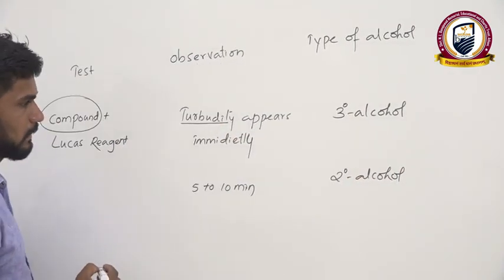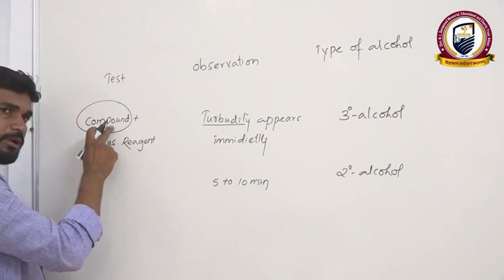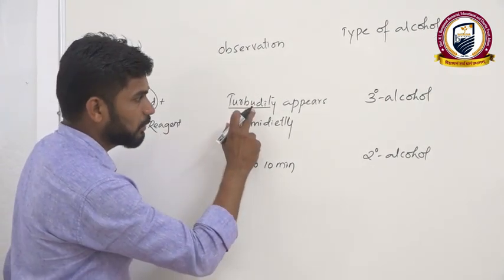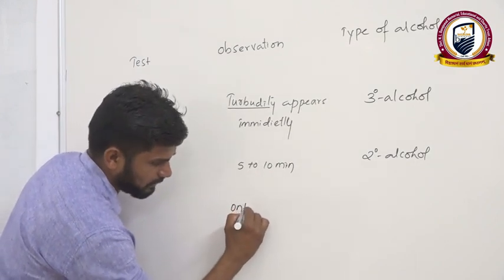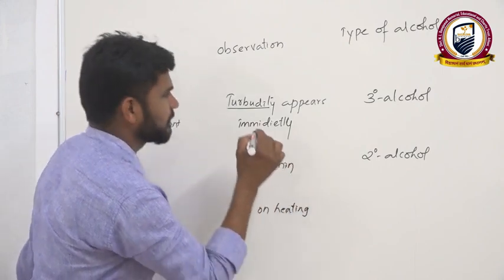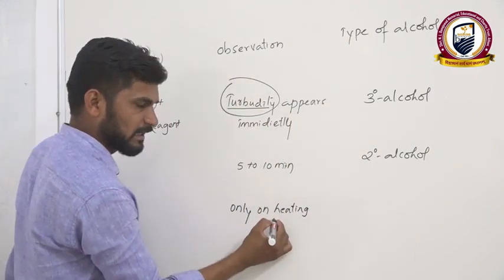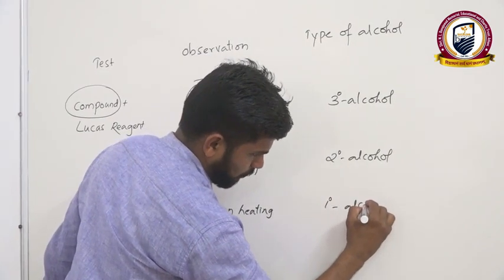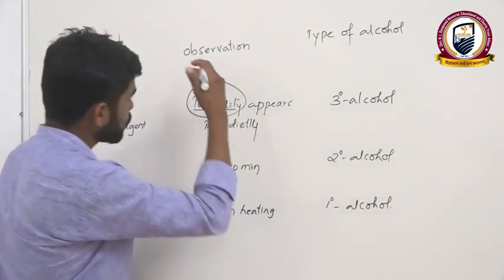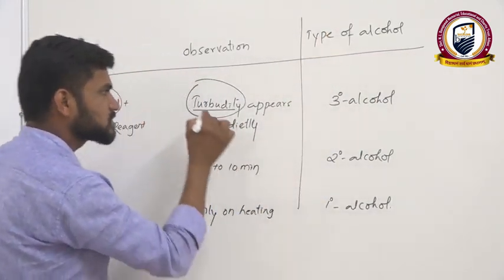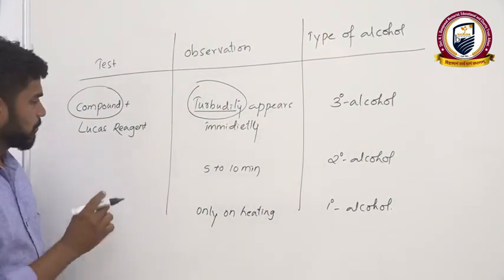Okay, and if the primary alcohol or the compound which is mixed with Lucas reagent shows turbidity only on heating, if there is an appearance of turbidity after heating, such type of compound or alcohol is called what? Primary alcohol.